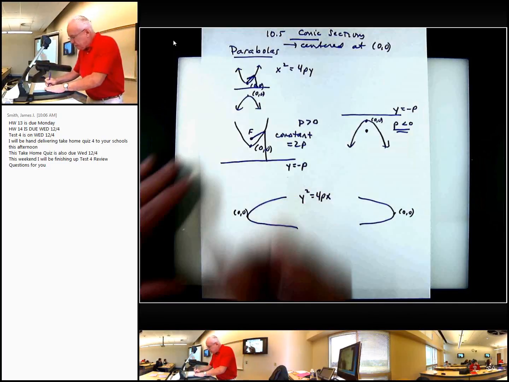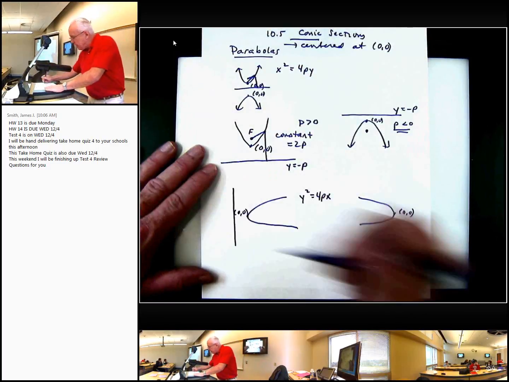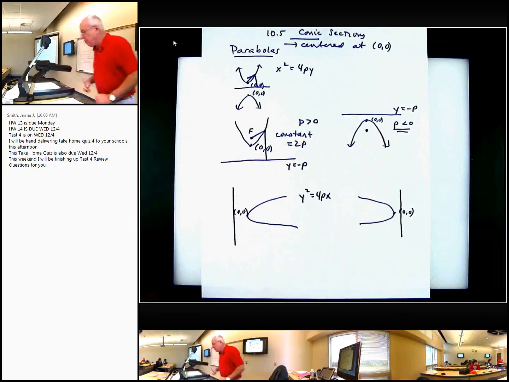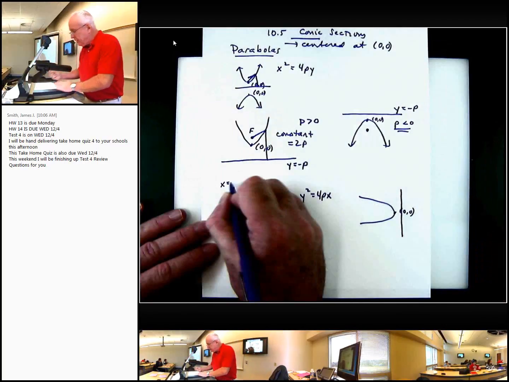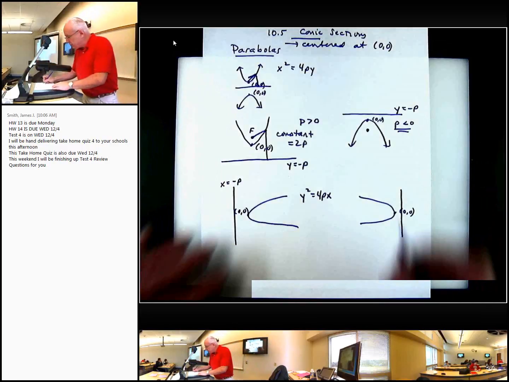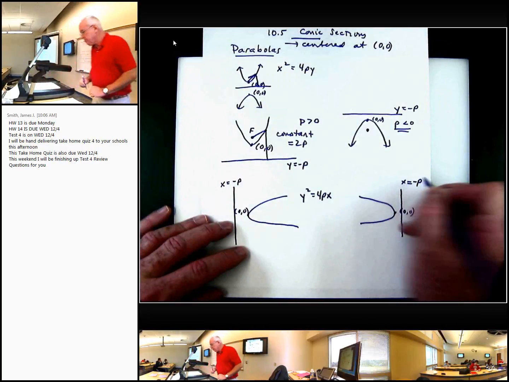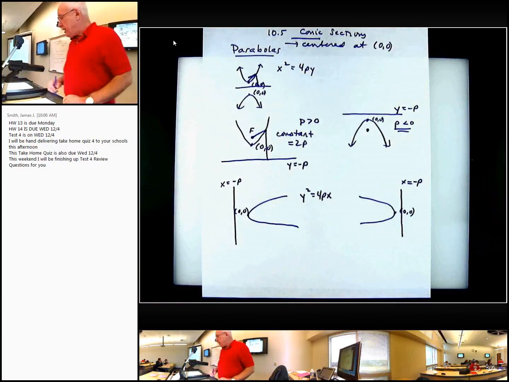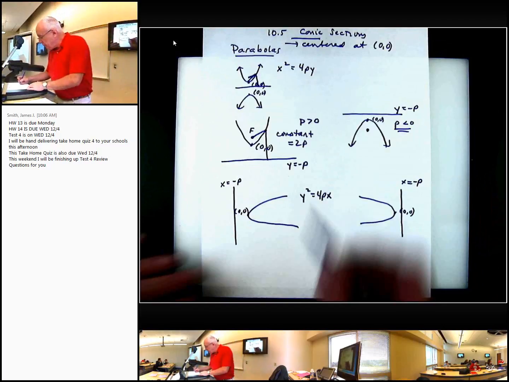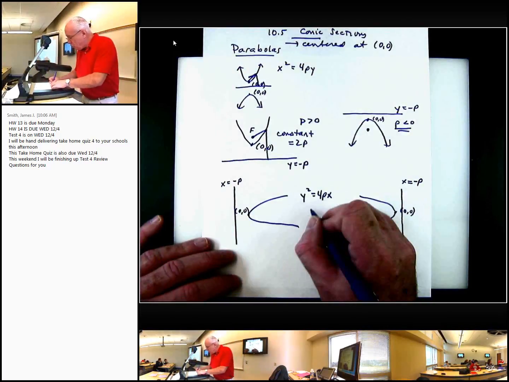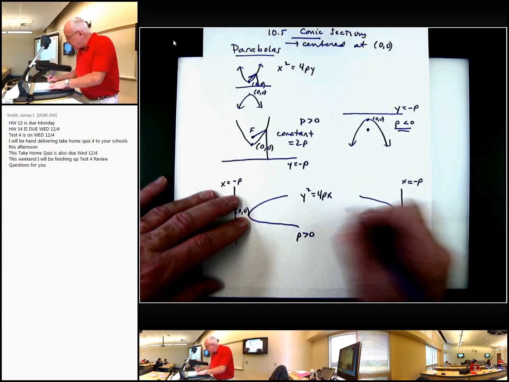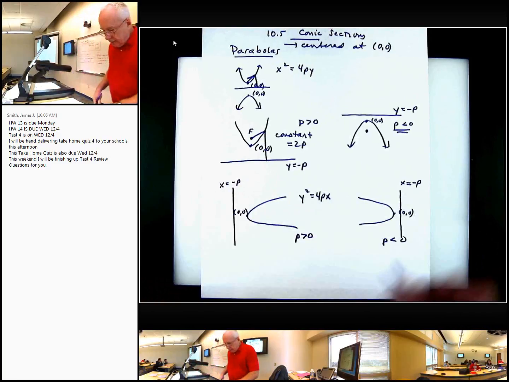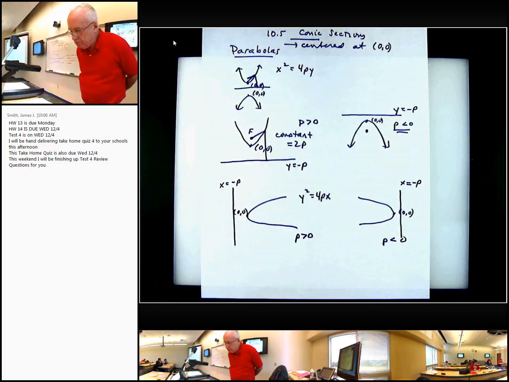Our directrix is going to be a line outside of the parabola, and that's going to be x equals negative p. In this case, if we're going to the right, p is positive. If we're facing to the left, p is negative, right? Okay.